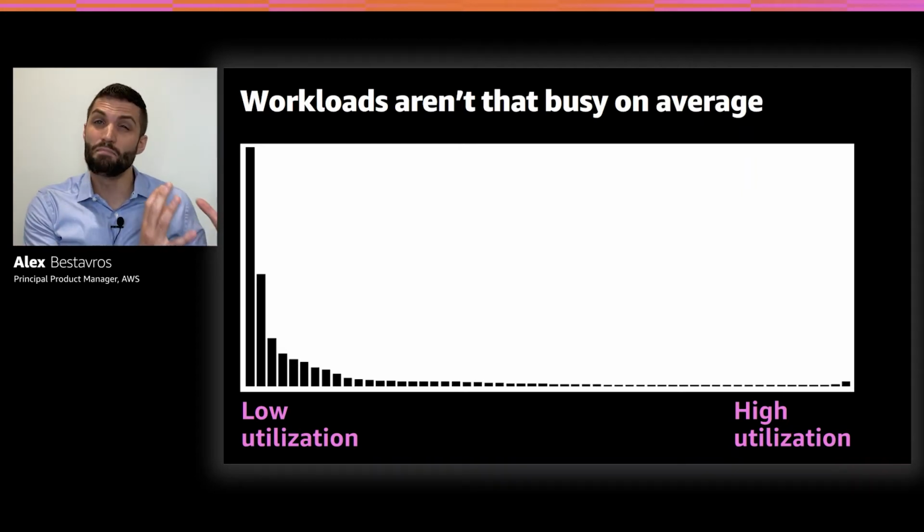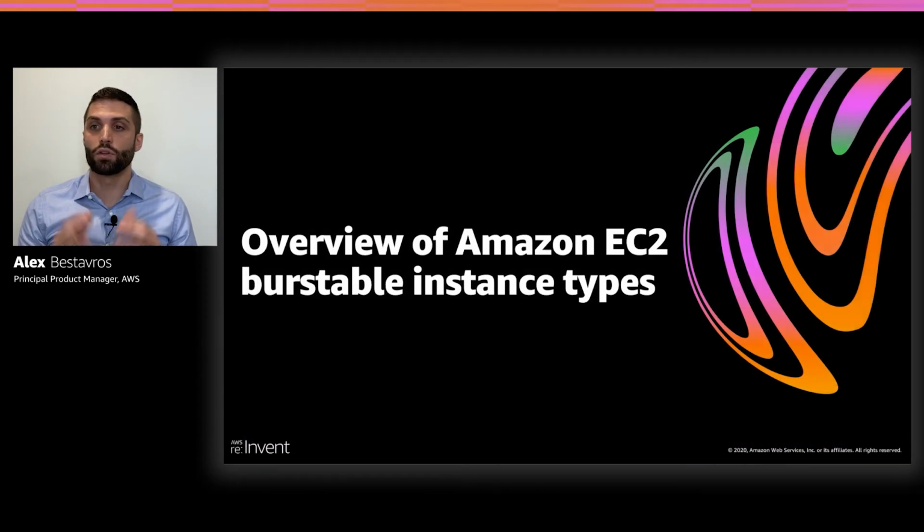But you can see this massive concentration, and that's where a lot of these workloads fall. So to address these common workloads, we built a cost-optimized product line in EC2 called the general purpose burstable instance types. They're specifically designed to address those types of workloads, which is the large majority of what customers run. So let's get into some of those details.